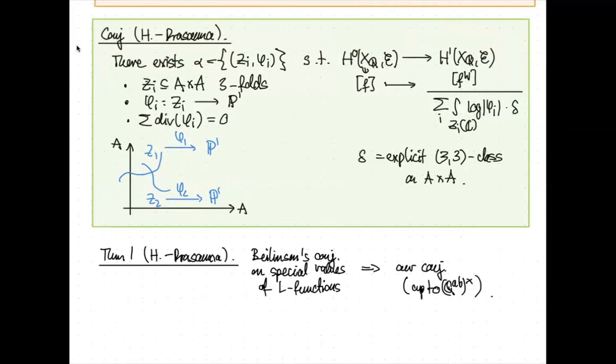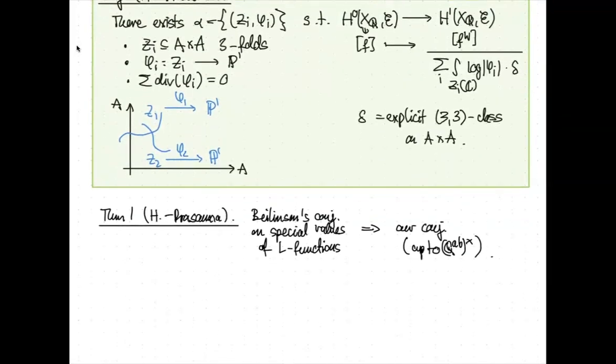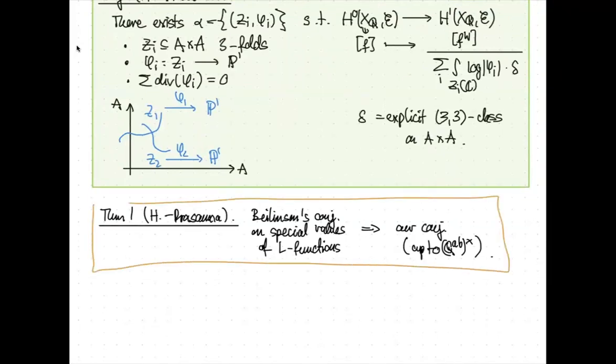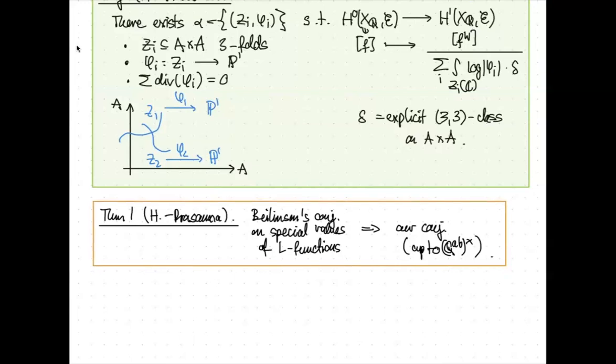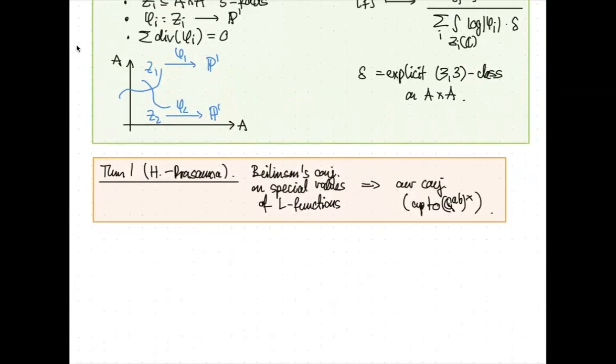So our conjecture is a rationality statement. And right now, we only get a rationality statement up to multiplication by some roots of unity, maybe, or something like this. And I'll say in a second where this comes from. And so for that, I want to give you a sketch of the proof.